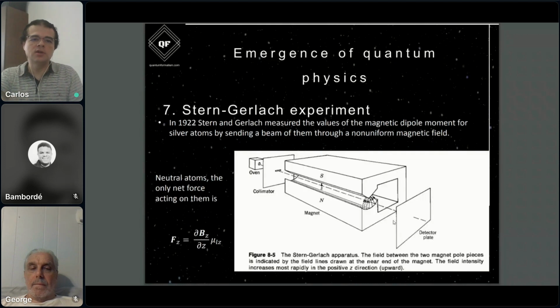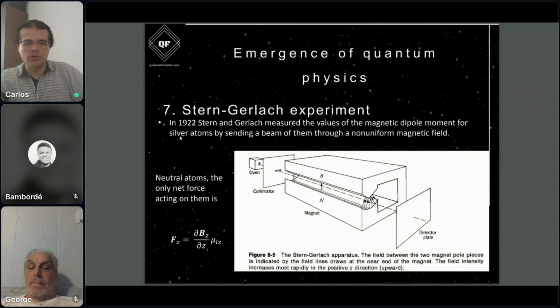So okay, Heisenberg, and then we talk a little bit about this important experiment last Friday. I mean, we were talking a little bit about qubits, but today we're not talking about qubits because the idea of qubits was not known at that time. What these guys wanted to show, in fact, in 1922, was to measure the magnetic dipole moment of atoms.